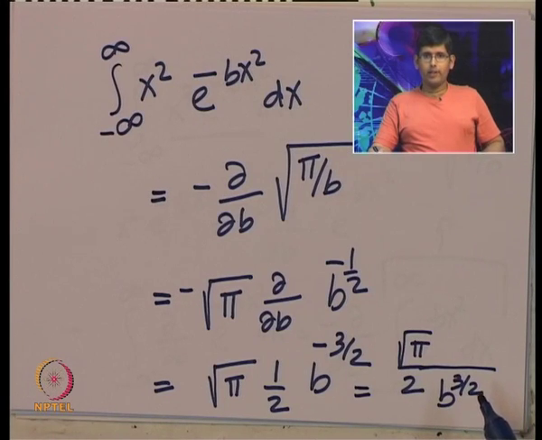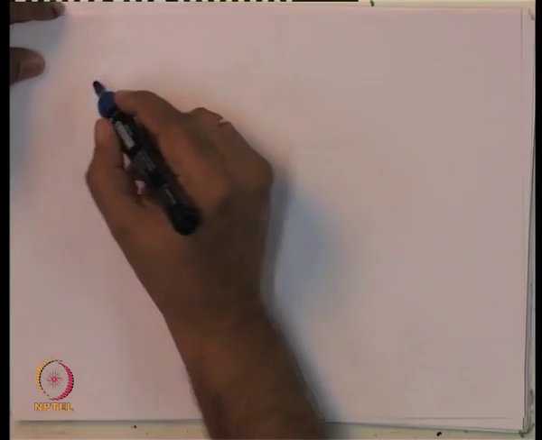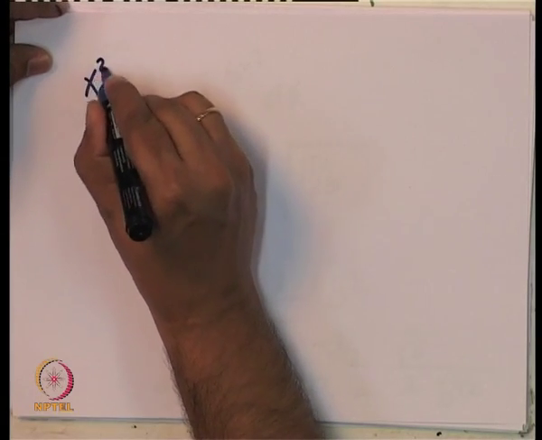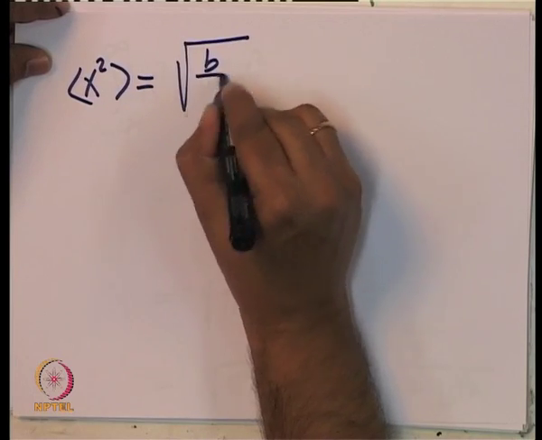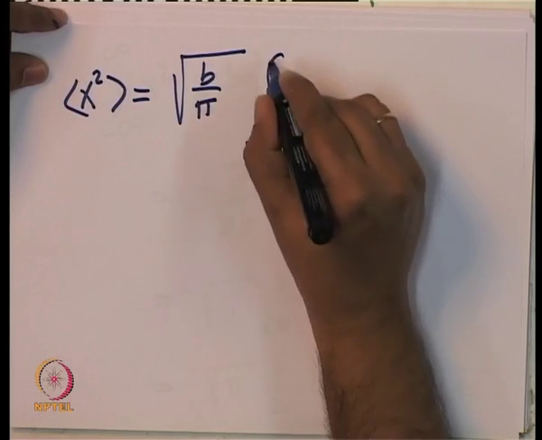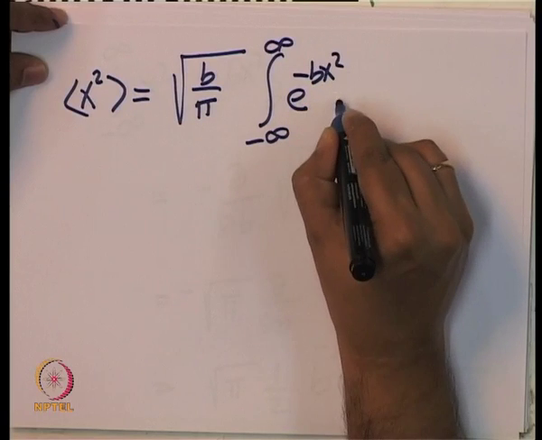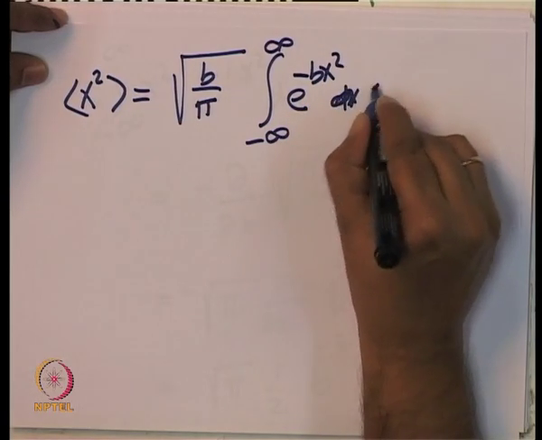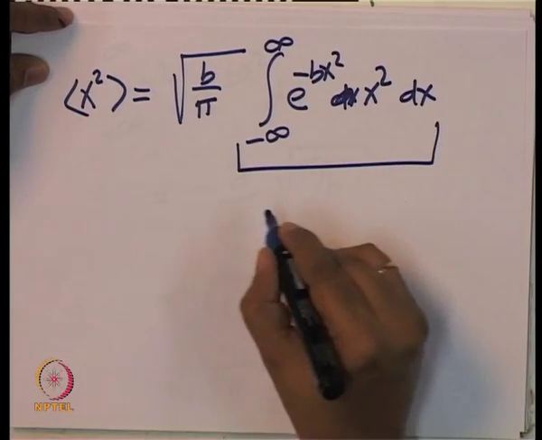Now, what do we want? We want x square average. X square average is defined, as we said, by multiplying this with root of b by pi, which is our a, times the integral from minus infinity to infinity of e power minus b x square x square dx. So, this part we just found.